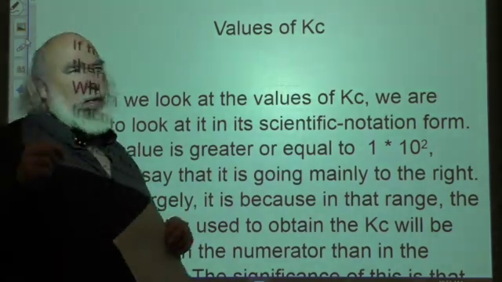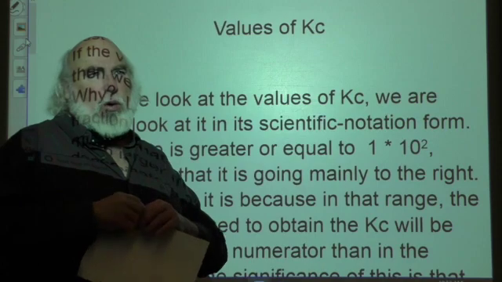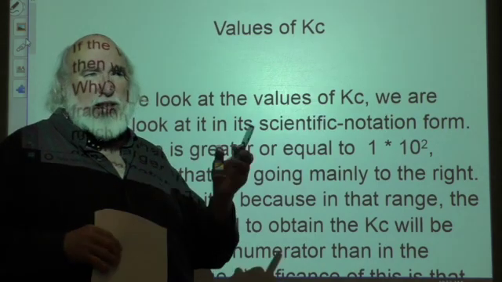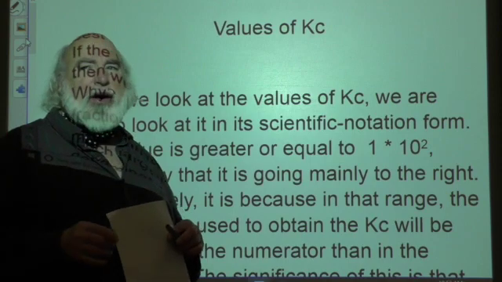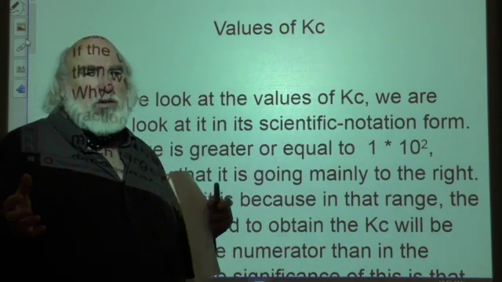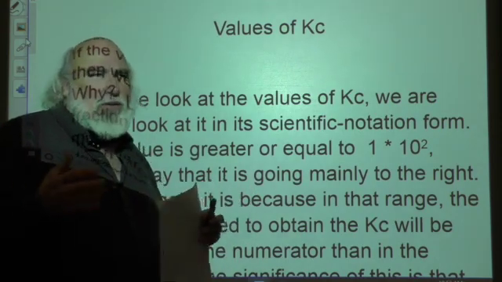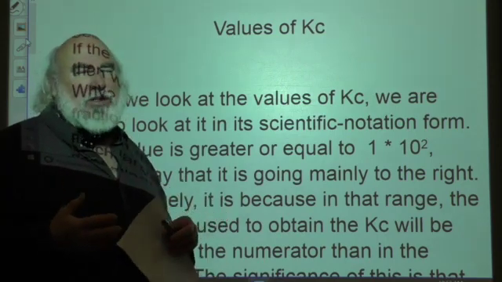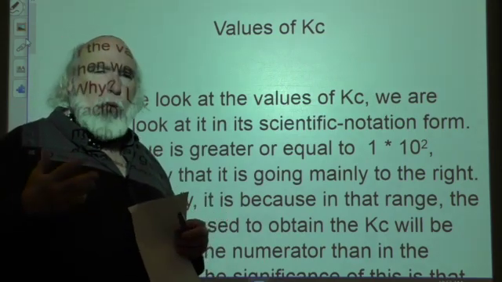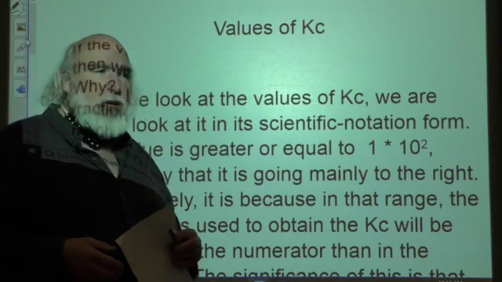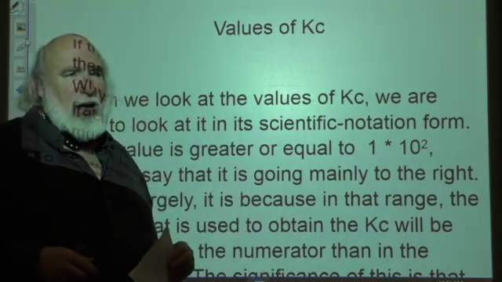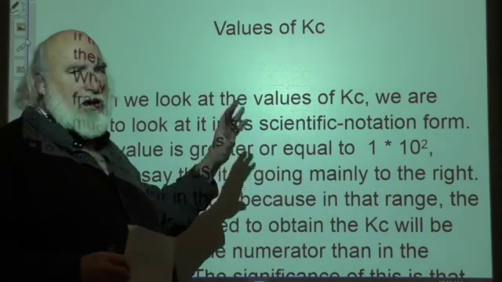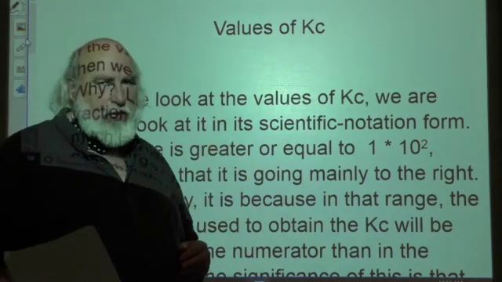Then the area between 0.01, or 10 to the negative 2, and 100, or 10 to the positive 2, is that gray area where you have a mixture of both in different amounts, but enough where it's not considered to be overwhelming in one direction or the other. So we say that those are basically at equilibrium, as opposed to being completely done on the left or completely done on the right.